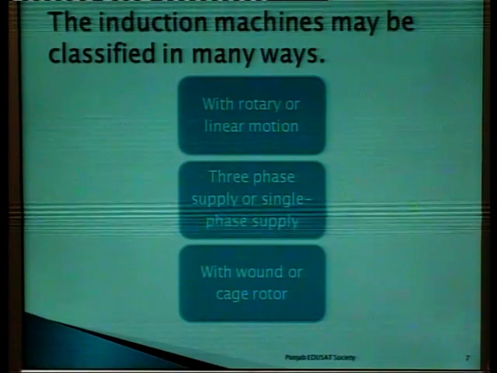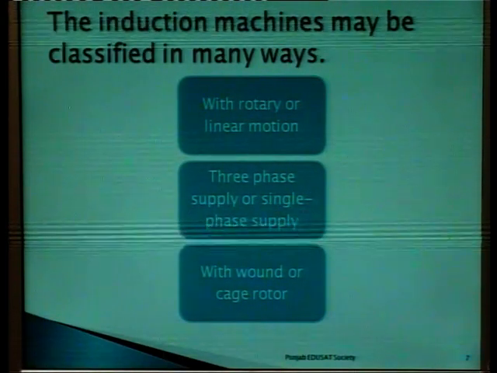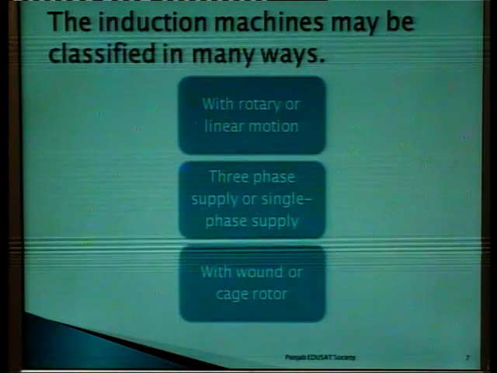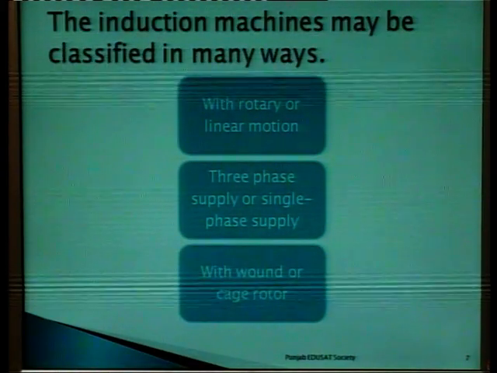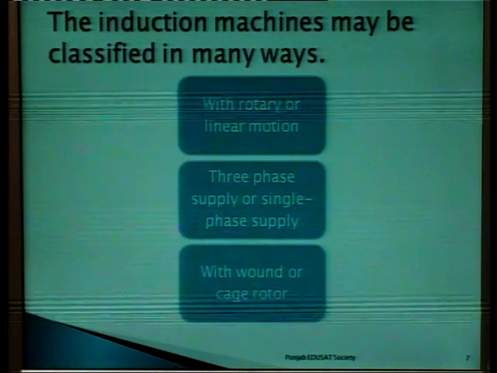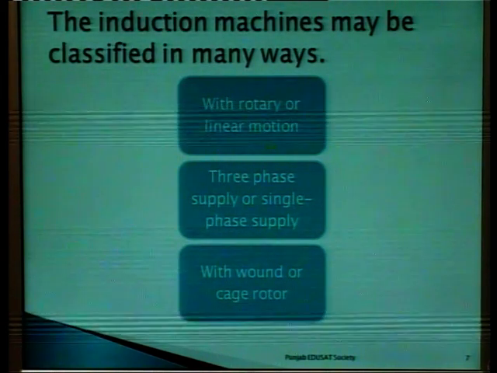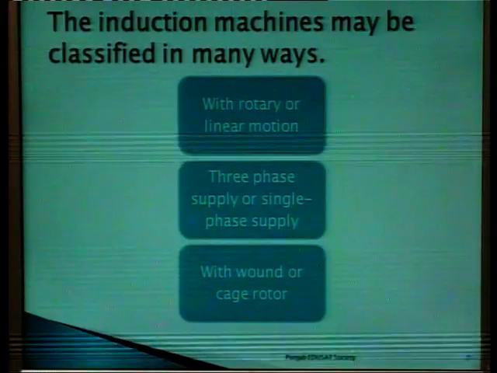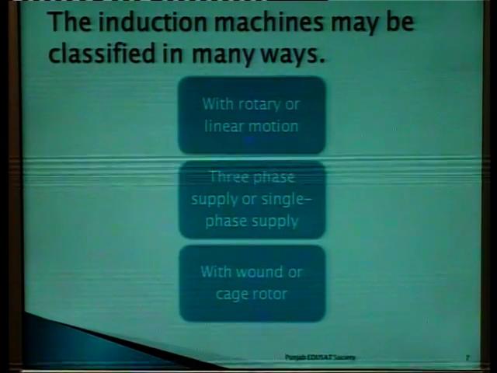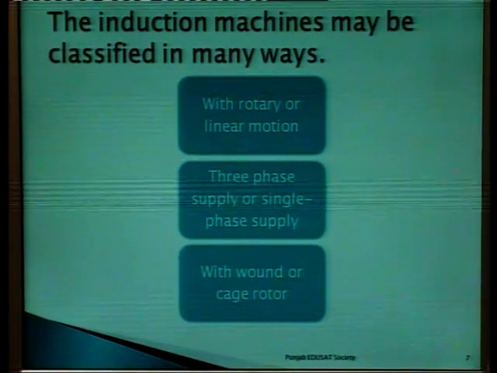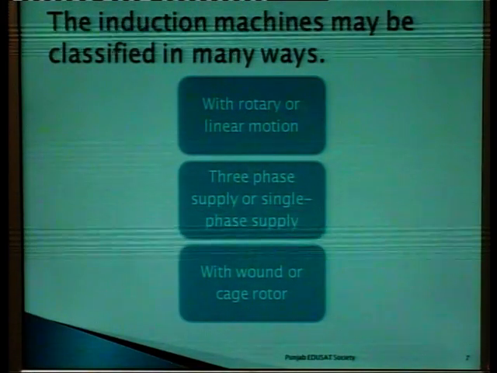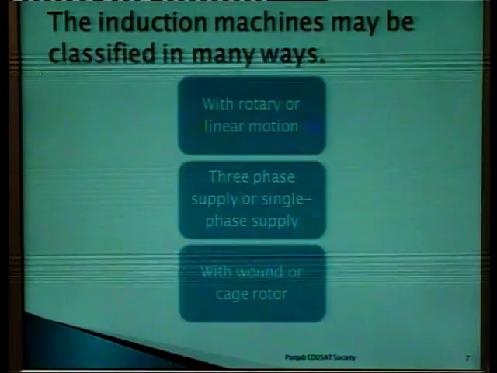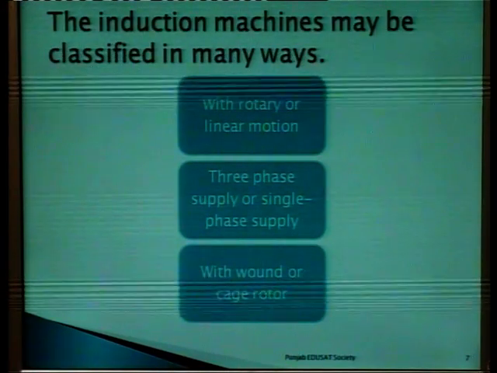The induction machines may be classified in many ways. The classification is on the basis of rotary or linear motor, 3-phase or single phase motors, wound or cage rotor. Rotary, if the motor is rotating in some direction; or if it is not rotating in a particular direction but linear movement takes place, then that is known as linear motor.